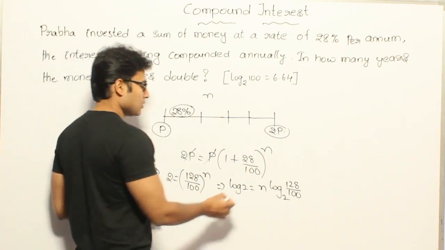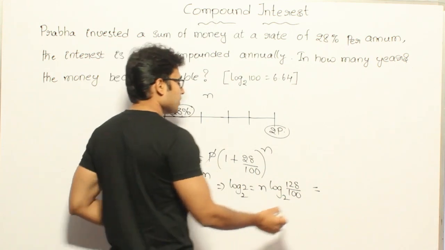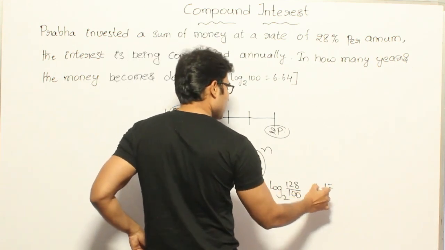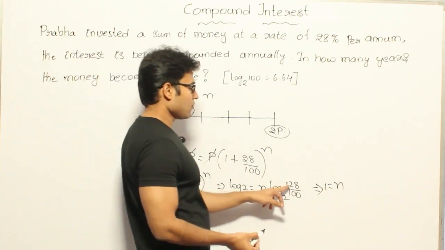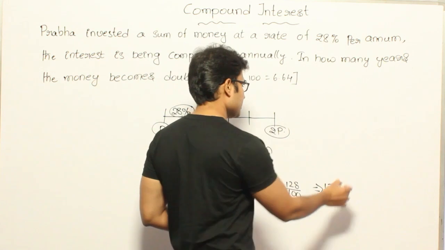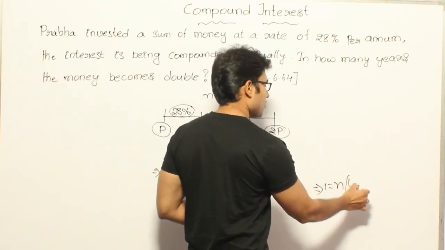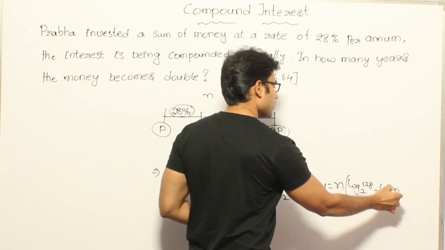Now what does it mean? Log 2 is 1, since I am applying base 2 only. So 1 equals n into log of 128 by 100, which can be written as log 128 base 2 minus log 100 base 2.